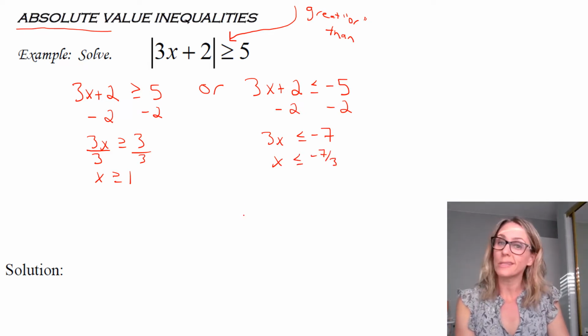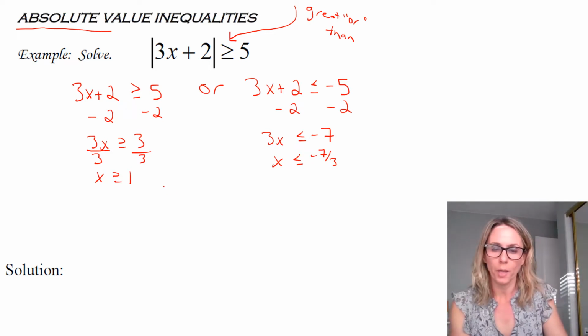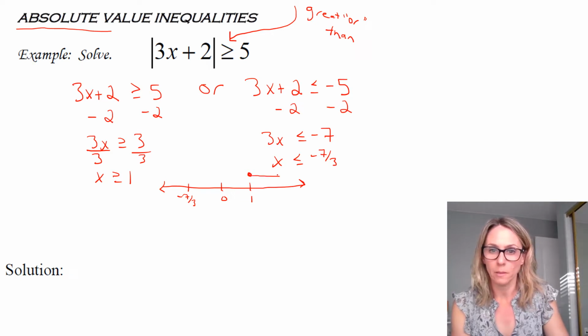So if we think about this just a little bit, it can always be helpful to look at a number line here. I don't need to put a whole bunch of numbers on it, but just to remind myself, I've got 0, the 1 will be over here, and -7/3 is going to be over here. What we found is greater than or equal to 1 looks like this.